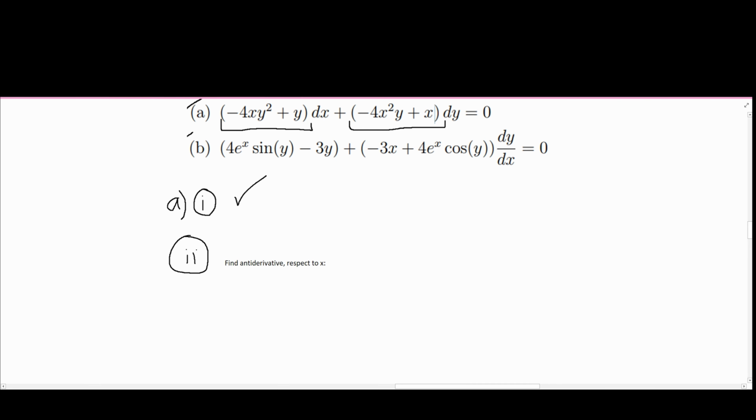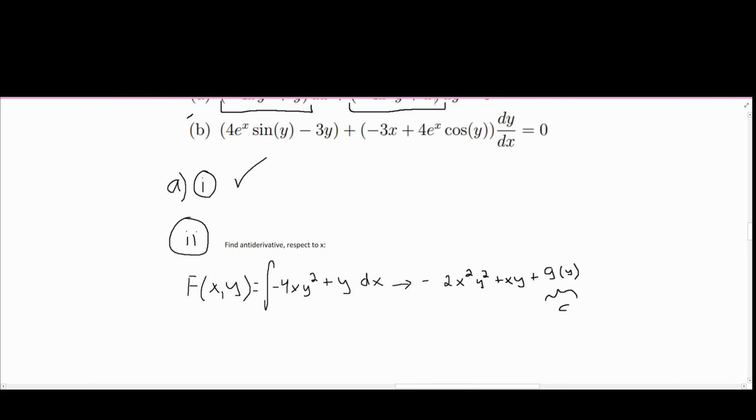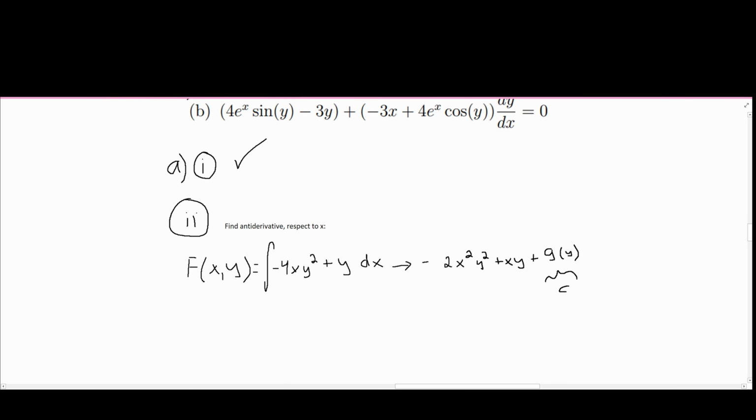To do this, we have f of x, y equal to the integral of this first part of the function, because it has a dx in it, and since it has a dx in it, it can be integrated with respect to x. If we were to take this one, we would have to integrate it with respect to y because of this dy right here. After we integrate this, we get negative 2x squared y squared plus xy plus g of y.